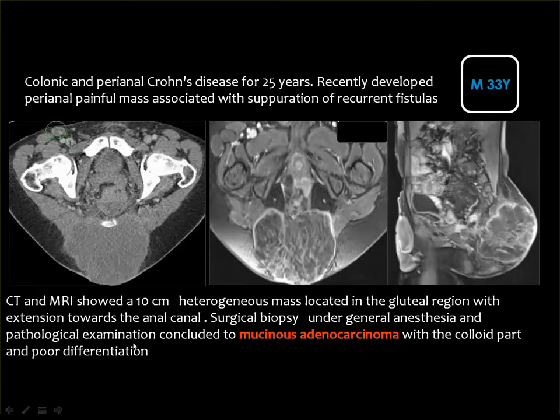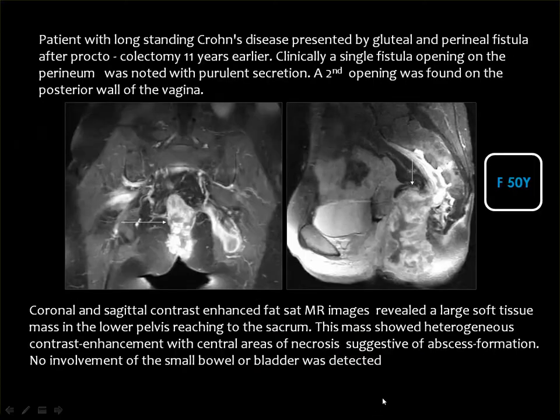And this patient had Crohn's disease for 25 years, and recently he developed a perianal painful mass associated with suppuration and recurrent fistulas. And the MRI showed a big mass that is heterogeneously enhanced, and it proved after surgery to be mucinous adenocarcinoma.